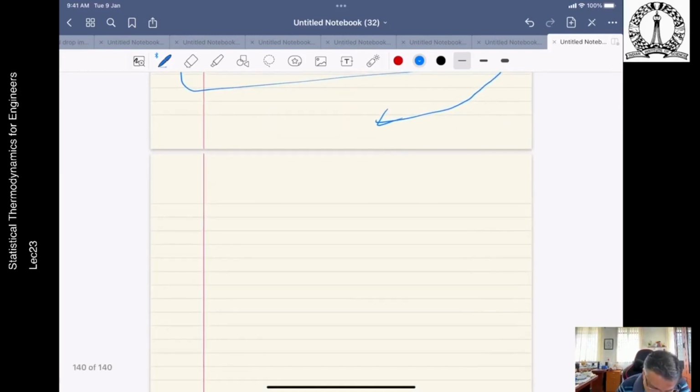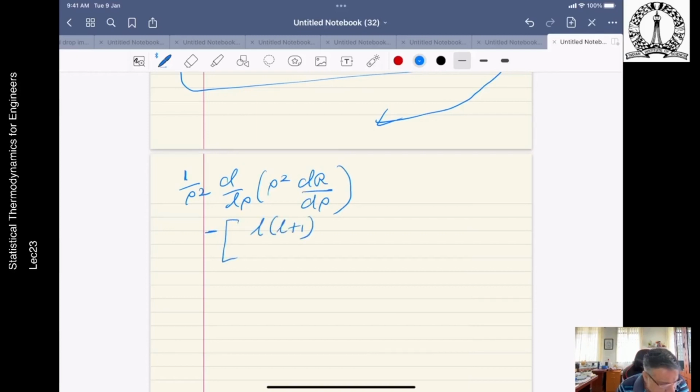This equation now becomes 1 over rho squared d by d rho of rho squared d R by d rho, minus L into L plus 1 over rho squared, minus n by rho plus 1/4, into R is equal to 0.